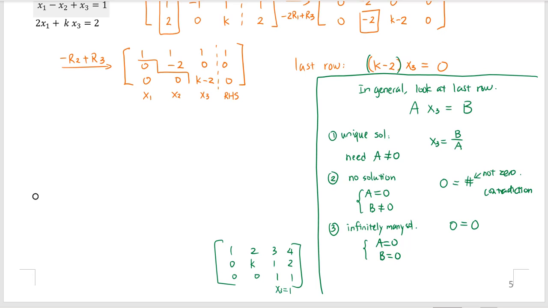Then the second row will tell us that k times x2 plus x3 equals 2. Well, it means kx2 equals 1. So that's why you look at the second row in this case. But in general, you look at the last row and then try back substitution and solve x3, x2, and x1. Okay, come back to our problem.